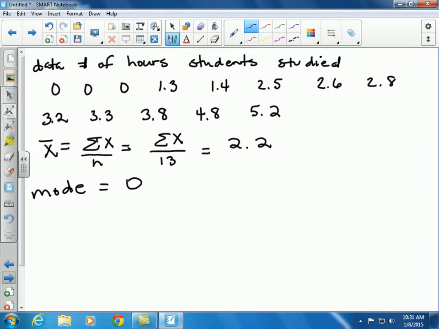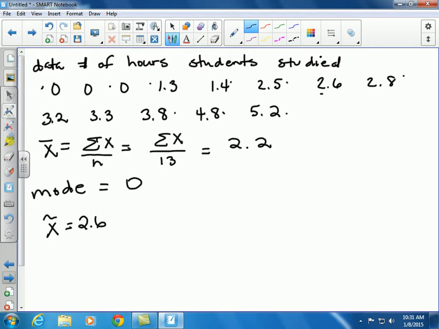The median: what we do is we find the middle. So you kind of cancel them out. 0 and 5.2, 0 and 4.8, 0 and 3.8, 1.3 and 3.3, 1.4 and 3.2, 2.5 and 2.8. So it looks like 2.6.